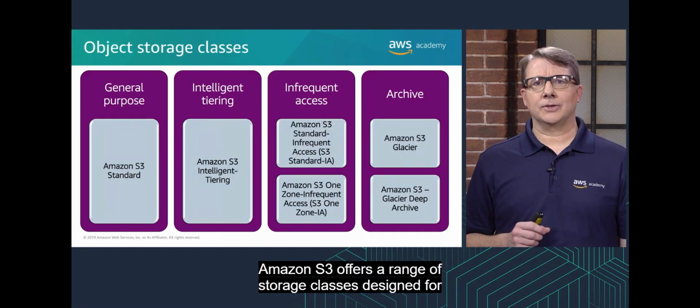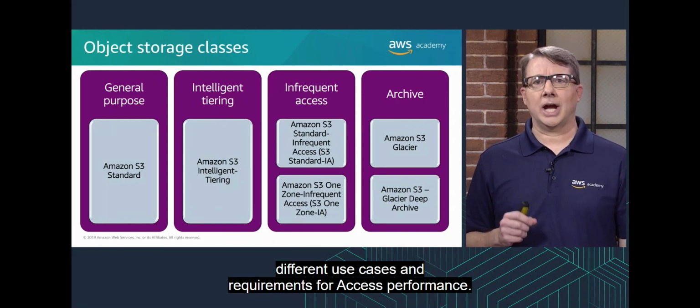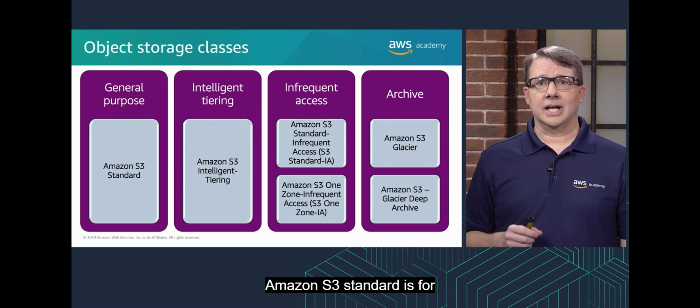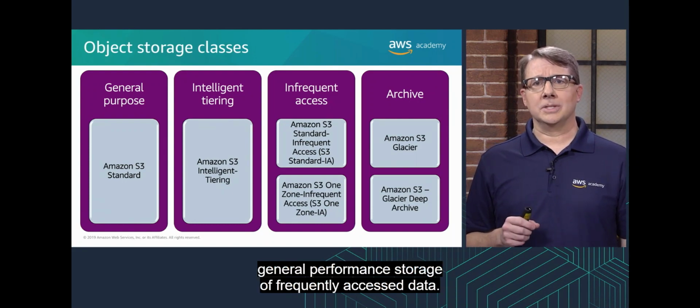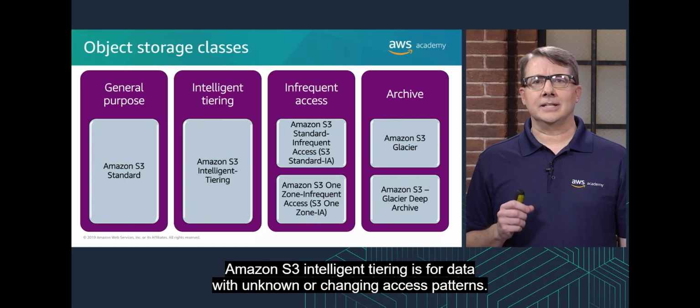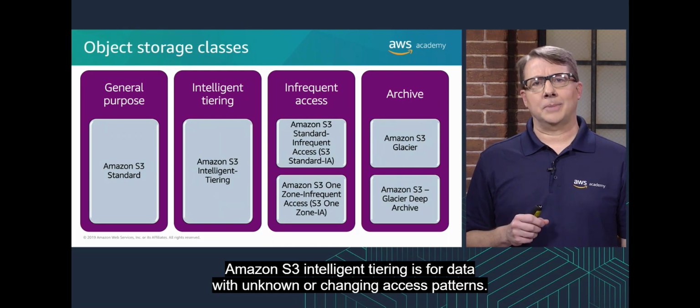Amazon S3 offers a range of storage classes designed for different use cases and requirements for access performance. Amazon S3 Standard is for general performance storage of frequently accessed data. Amazon S3 Intelligent-Tiering is for data with unknown or changing access patterns.